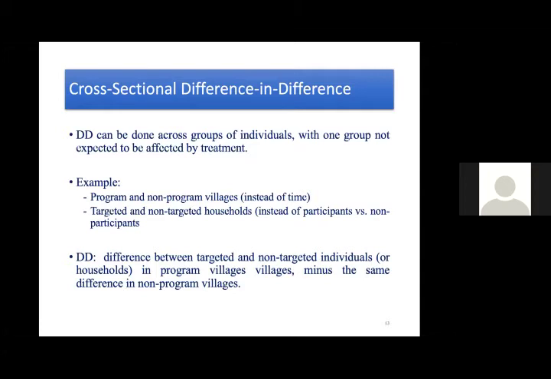Exactly. And then you take the difference between both areas. Exactly. As you said it exactly correctly, Nora. So yes, between the X's and the circles in one village, the circles and the crosses in the second village, and compare between both of them.